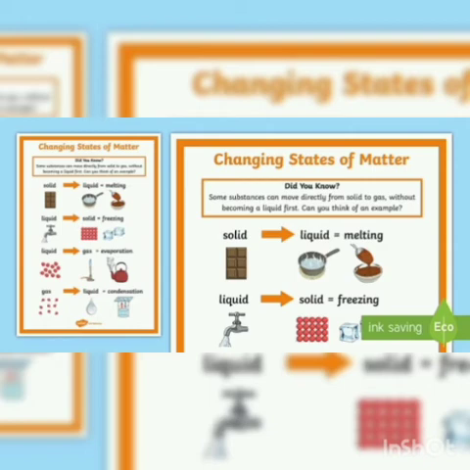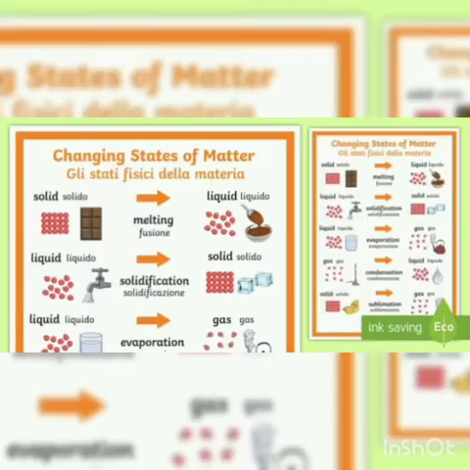When liquid gets back to the solid state, it's called freezing. Listen to me: solid into liquid is melting, and liquid into solid is freezing. This happens at a particular temperature, which is called the freezing point.